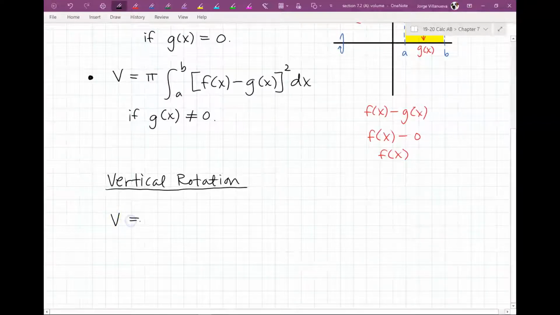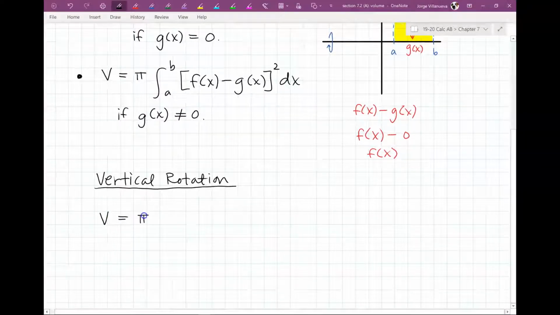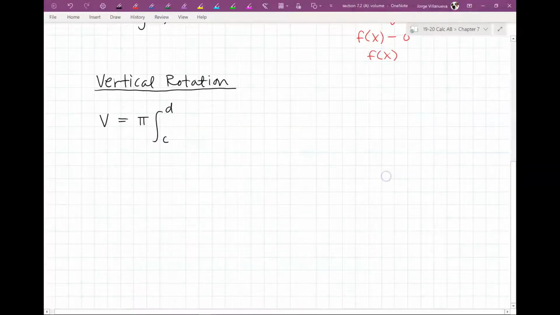V equals pi integral from c to d. Remember, we changed c to d because that's thought of as being a vertical representation going up, down. AB usually goes left to right, so CD would be up and down, okay? And then you just do f of y squared dy.